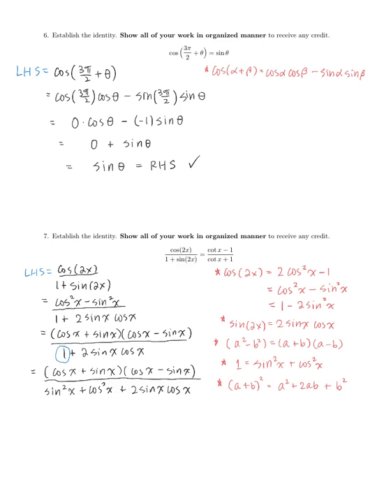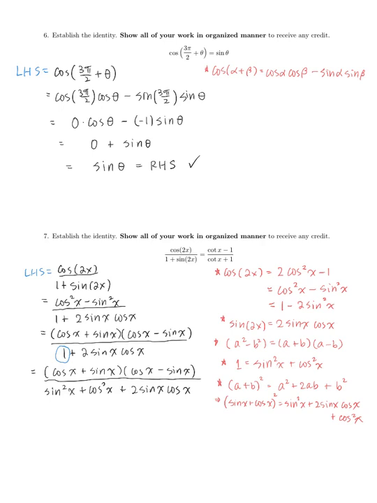So let a be sine of x and b be the cosine of x. Let me just write it out directly below. So you see it better here. If I have sine of x plus the cosine of x squared, this is the same thing as sine square of x plus 2 sine x cosine of x, plus the cosine square of x.